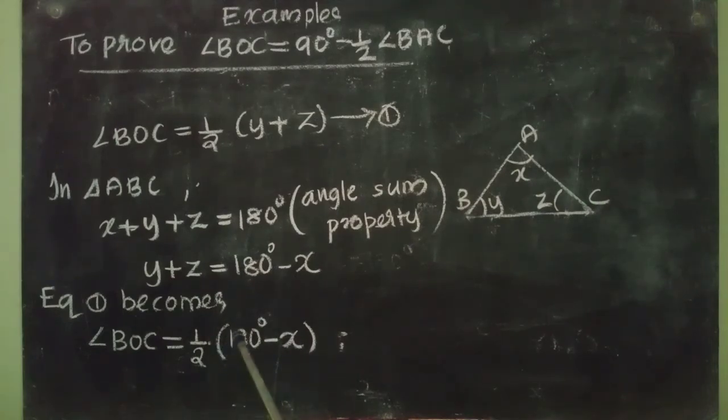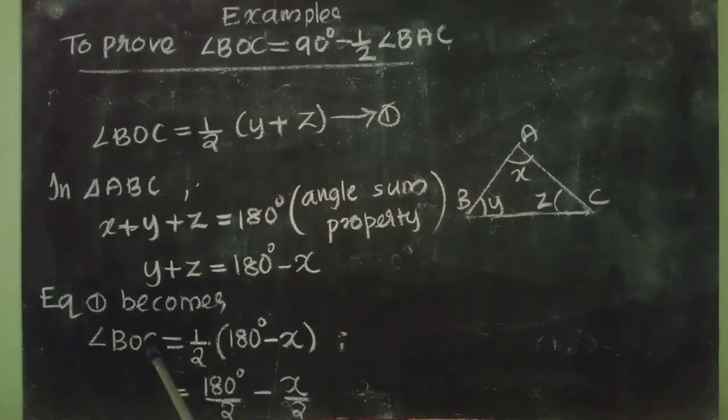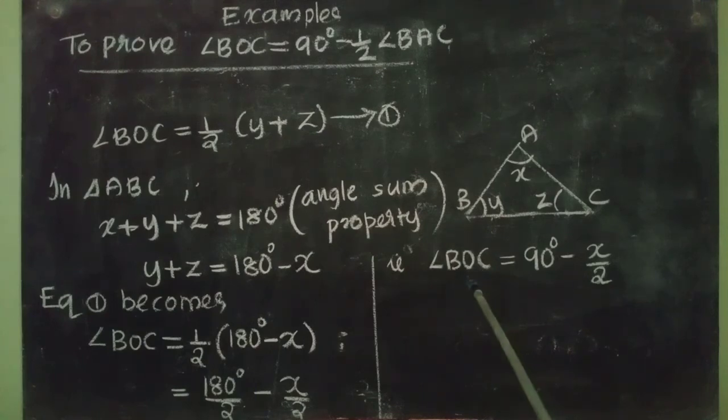Now let us distribute this divided by 2 for both 180 degree and x. So we get angle BOC equal to 180 degree by 2 minus x by 2. That is angle BOC equal to 90 degree minus x by 2.